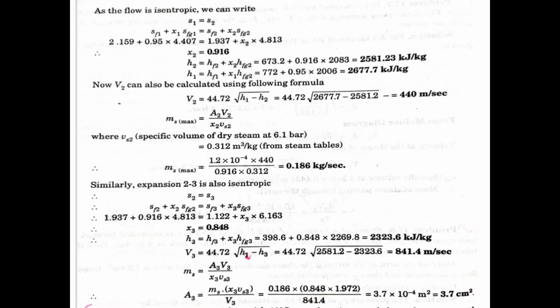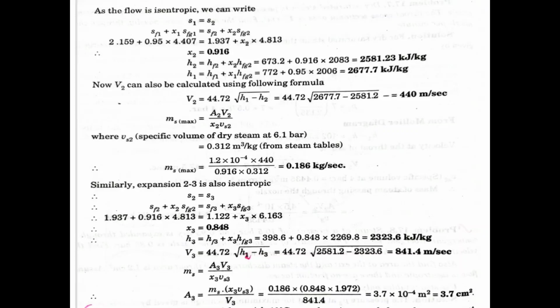Then mass m equal to A2 V2 divided by x2 Vg2. Vg2, the specific volume of dry steam at 6.14 bar, we find from the steam table as 0.312 meter cube per kg. From this formula we find the mass m equal to 0.186 kilogram per second.